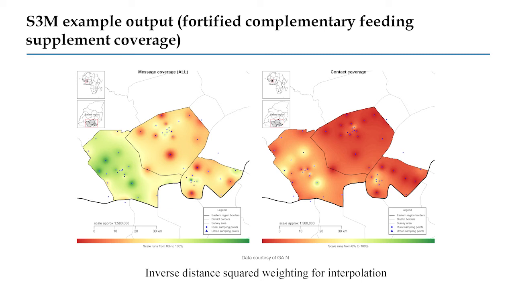Right, okay, so what we did in this one is use inverse distance squared weighting. When you use inverse distance squared weighting, you focus quite closely on the points closest to the estimation you want to make.